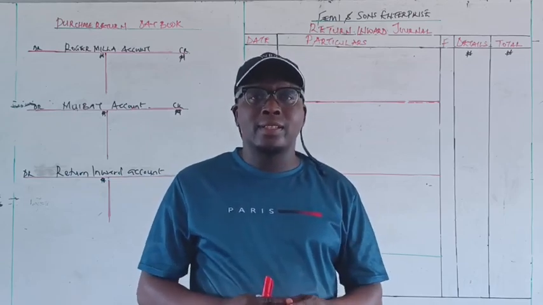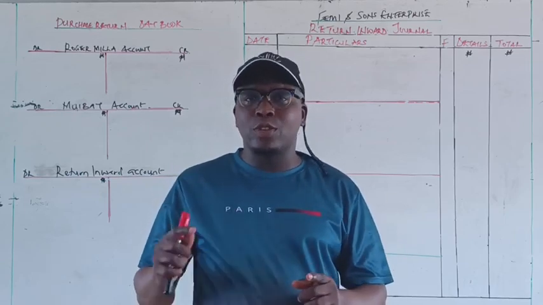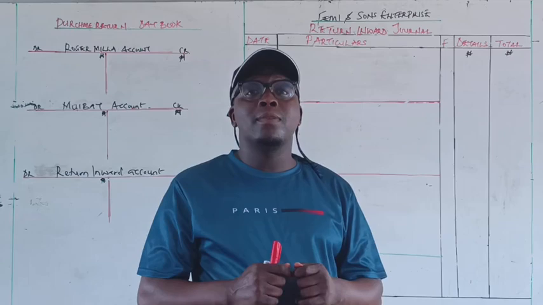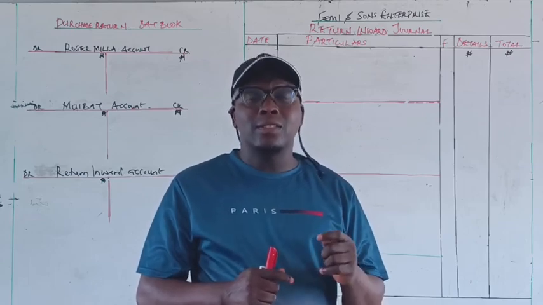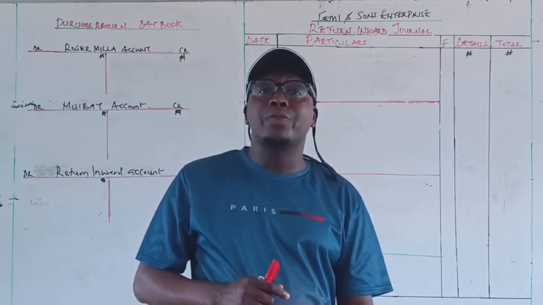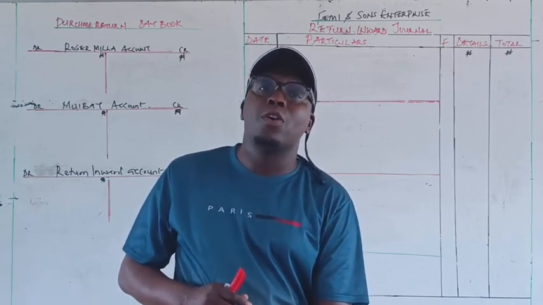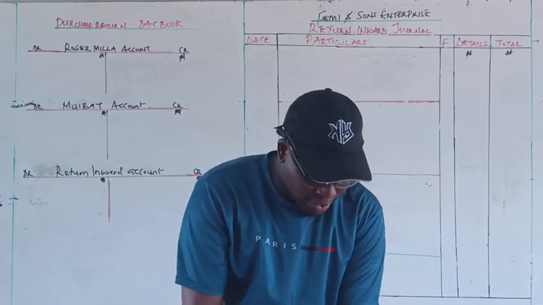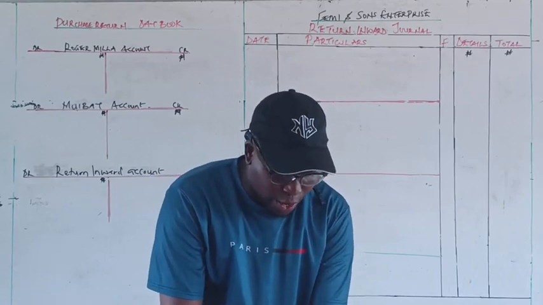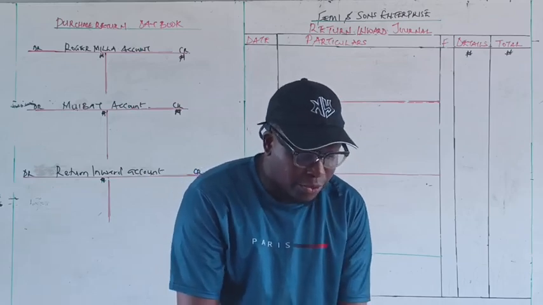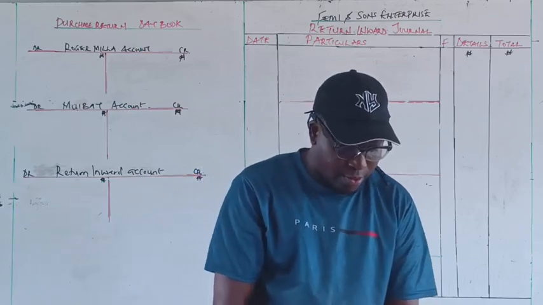In this case, Muibat and Rojamila bought goods on credit from Femi and Sons. The two customers are now returning part of the goods bought to the seller. Let's quickly look at the question that we have on the sales return journal.